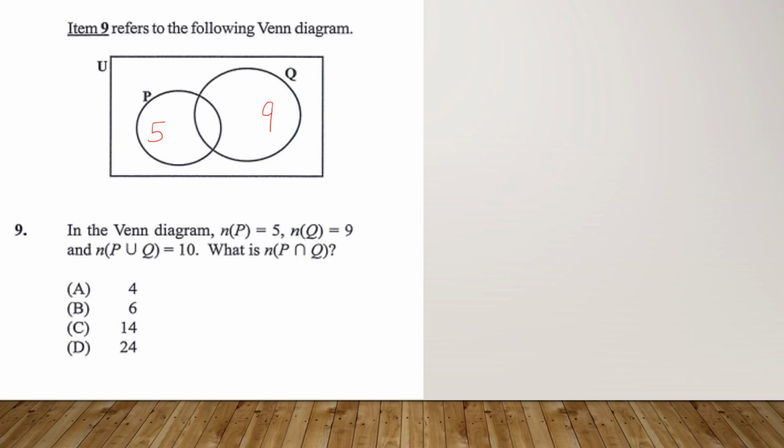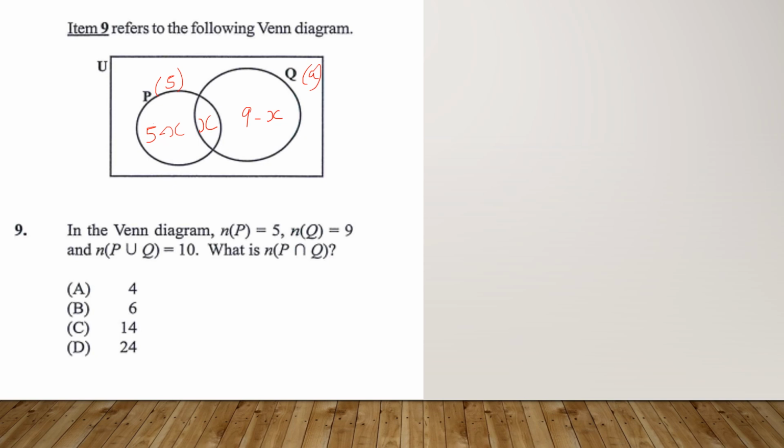I should really place these numbers on the outside. So here is 5, and 9. We don't know what x is. So this will be 5 minus x, and this is 9 minus x.